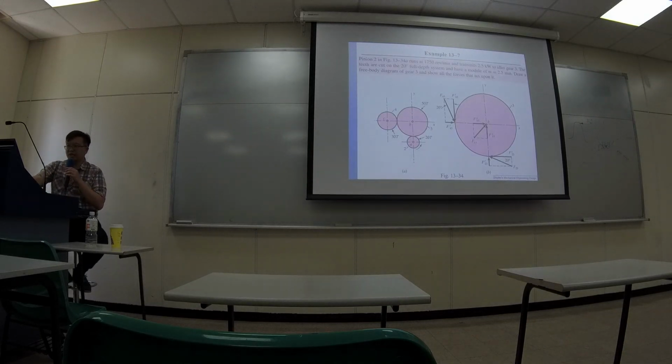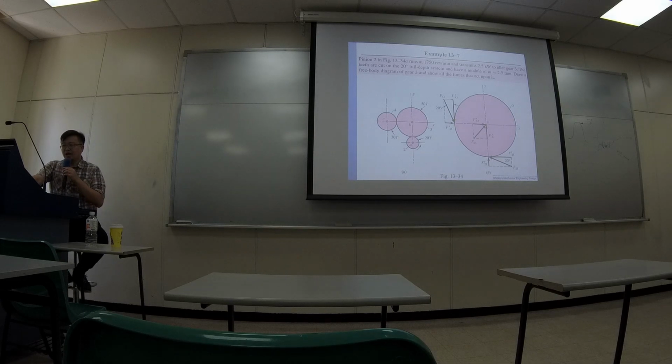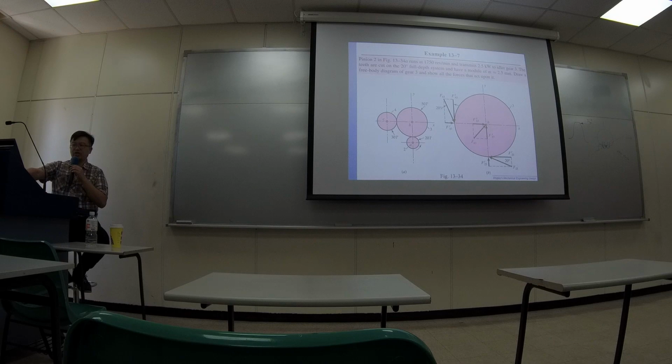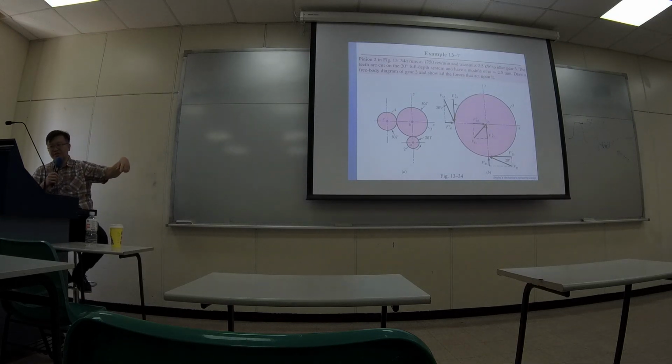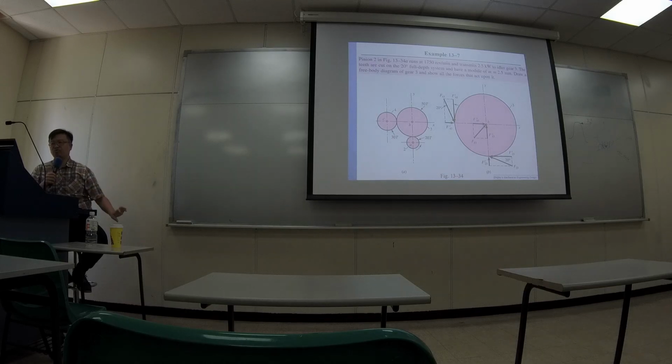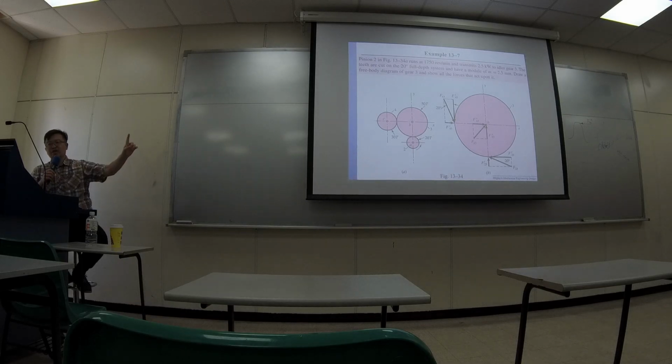Okay, so this is a gear train with 3 gears of different sizes. Take a look at gear number 3, shown on the right hand side. In this particular situation, gear 4 is pushing gear 3, and gear 2 at the bottom is also pushing gear 3.